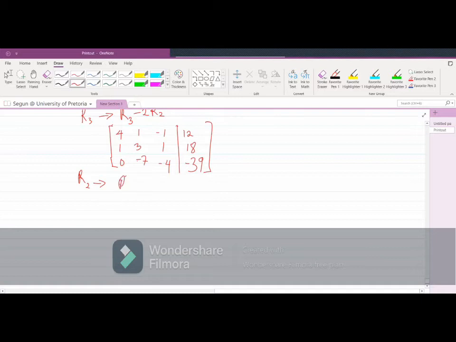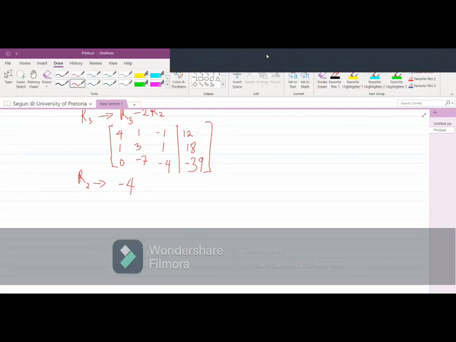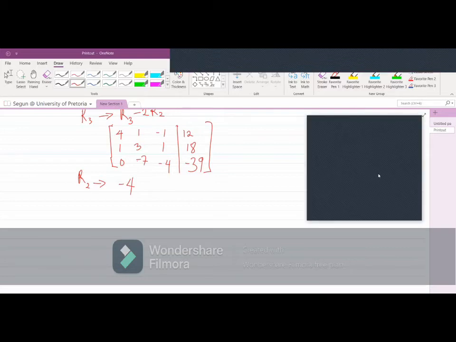I can say row 1, I can put it this way. I can say -4. Somebody should mute themselves, please. The speaker is making noise.